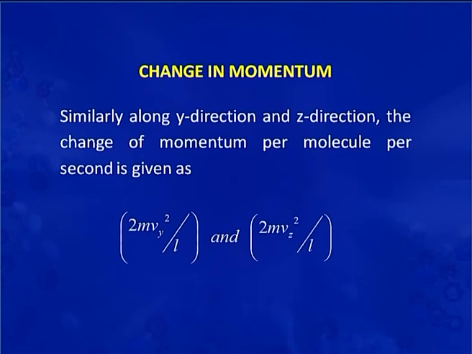Similarly, along the y direction and z direction, the change of momentum per molecule per second is given as 2mvy square by L in the y direction, and 2mvz square by L in the z direction.